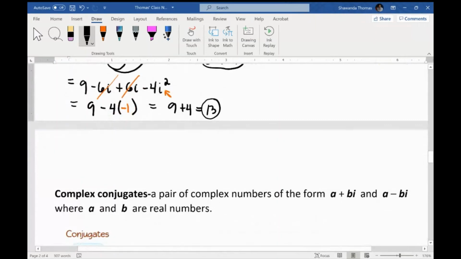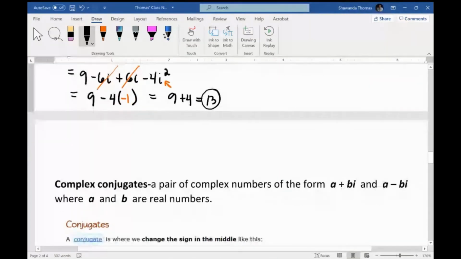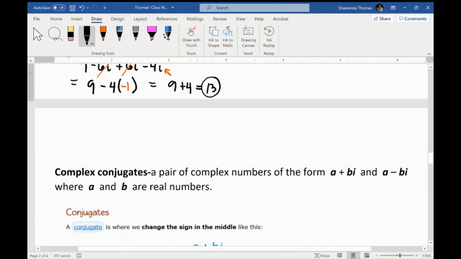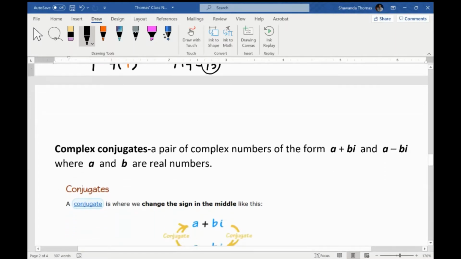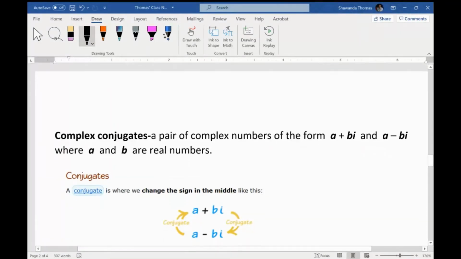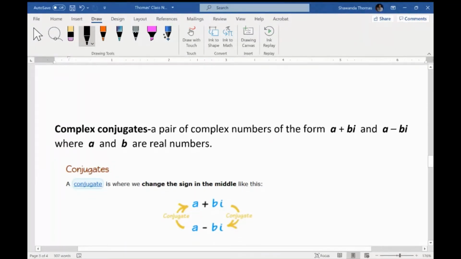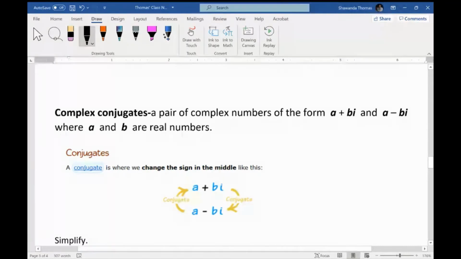All right, complex conjugates are a pair of complex numbers of the form a plus bi and a minus bi, where a and b are real numbers. A conjugate is where we change the sign in the middle, like this. So the only sign you're changing is the one in the middle.